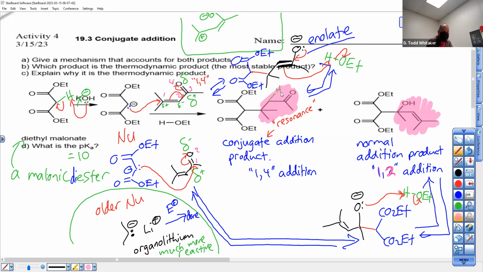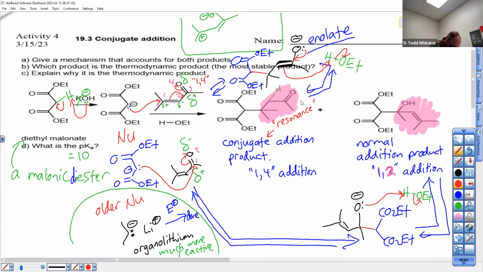What is the least stable part of each highlighted pink area? The least stable bond in both highlighted areas is which bond? Pi. Which pi bond is stronger? One between a C and an O, or one between a C and a C? Yes, any bond to O is stronger than any bond to C. Okay? O is more electronegative. It makes stronger bonds. So now you've identified the most stable product.